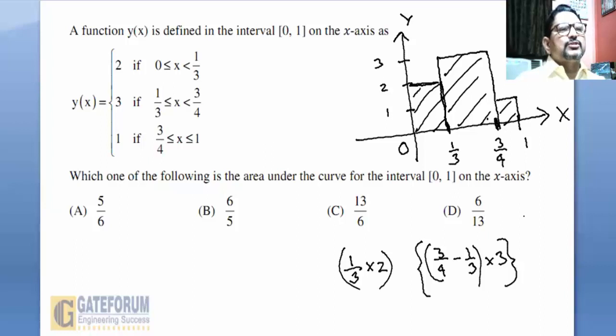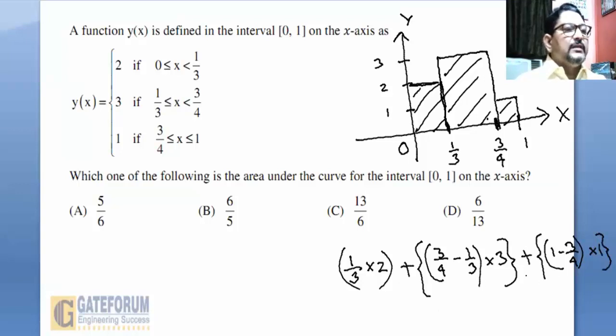And the third portion would be 1 minus 3/4, that will be this portion, multiplied by 1. Now the total area would be the summation of these.